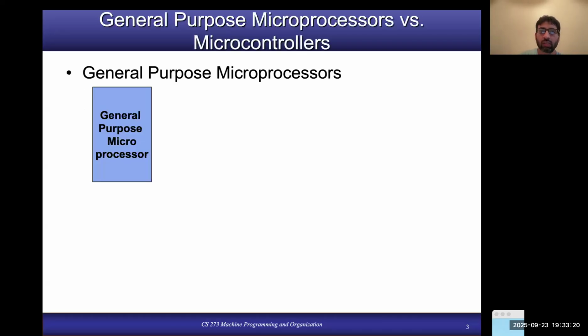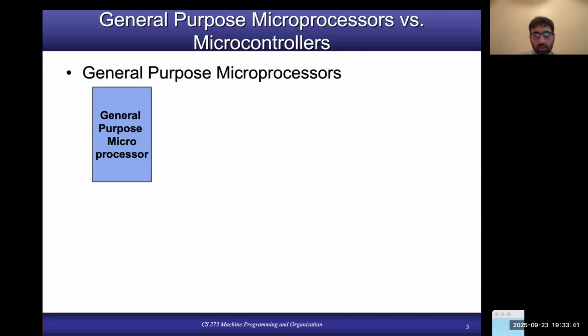When you want to compare microprocessors with microcontrollers, the most outstanding feature of general purpose microprocessors is that they are a chip on their own.